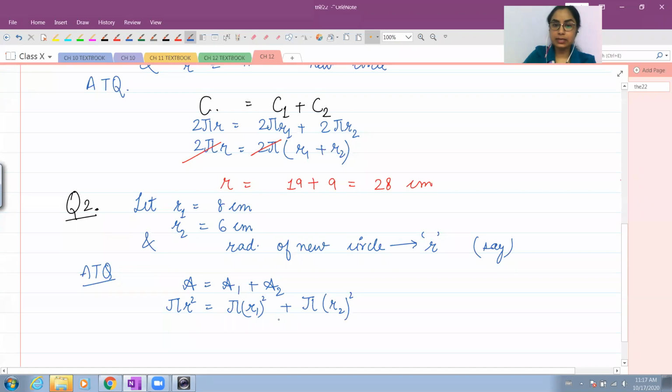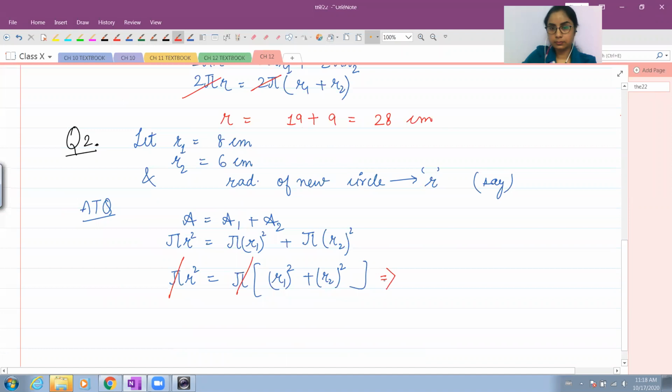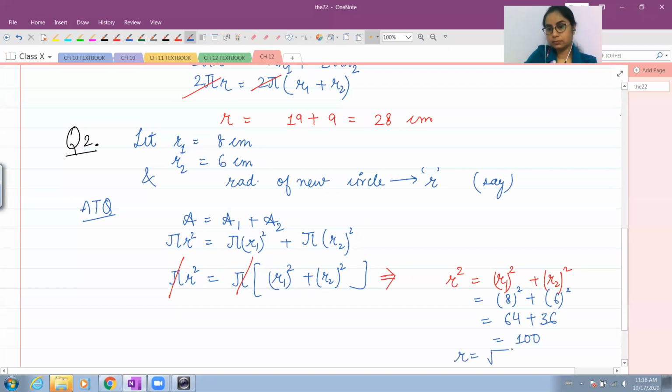Take pi common from the left hand side and right hand side, and then use the values of R1 and R2. That's correct, Punya.